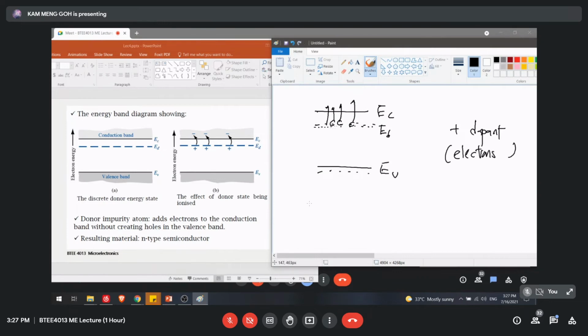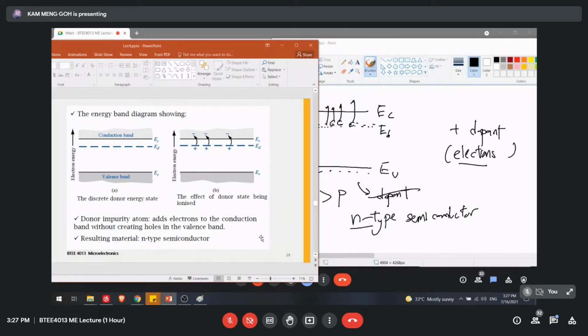So that's why right now your electrons are more than the holes. Sorry, this will become the N-type semiconductor. Why N-type? Because we are adding the extra electrons. Like the one mentioned here, donor impurity atoms add electrons to the conduction band without creating holes. So this will become the N-type semiconductor.